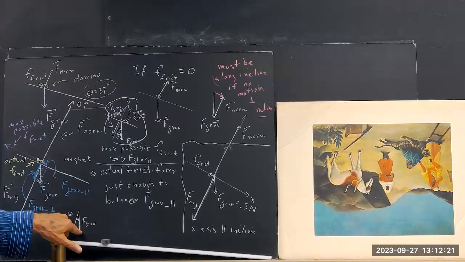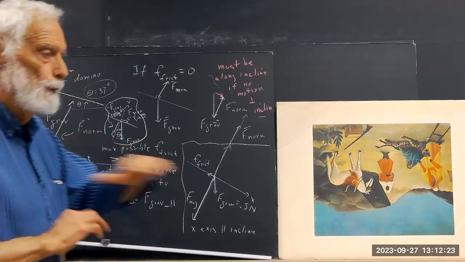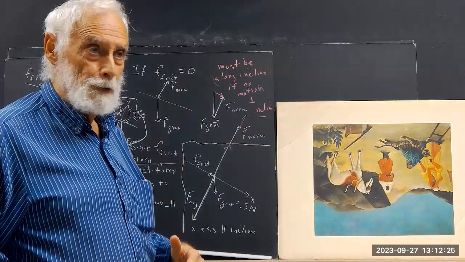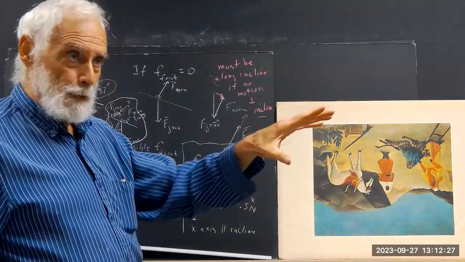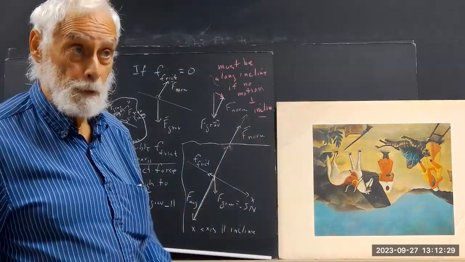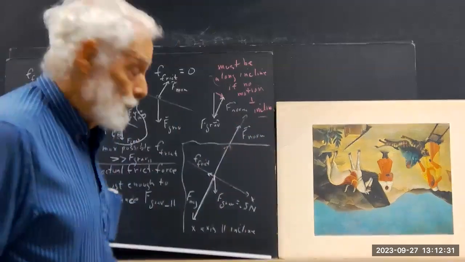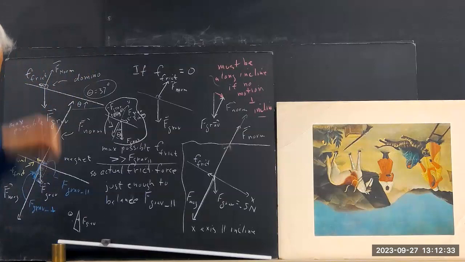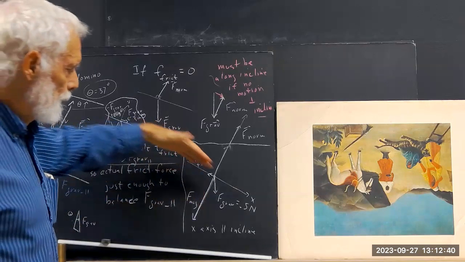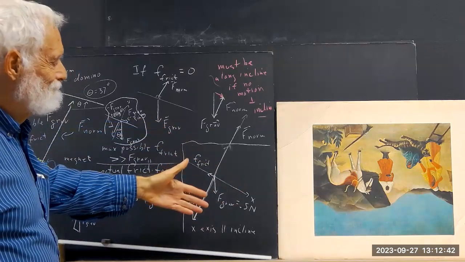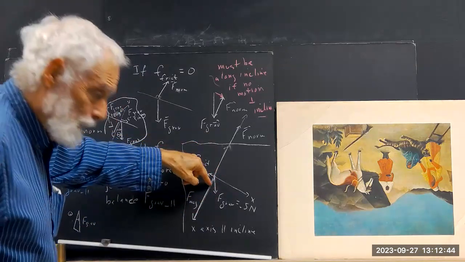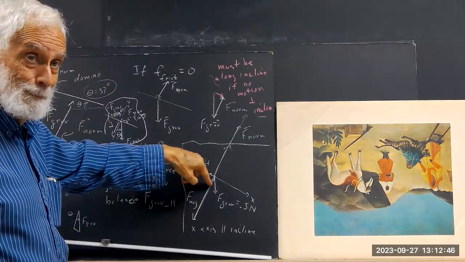Okay. Now, a minute ago, I said if you have a horizontal x-axis and a vector at 37 degrees, the cosine gives you the x component, right? Well, that's not the case here, because the angle of F grav with the x is not 37 degrees, okay?